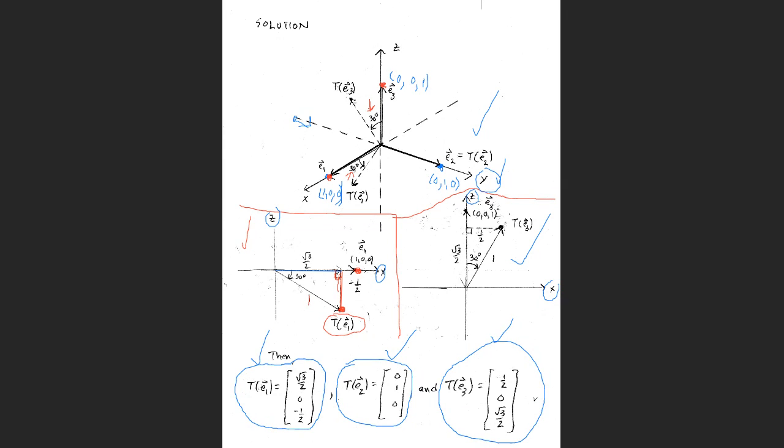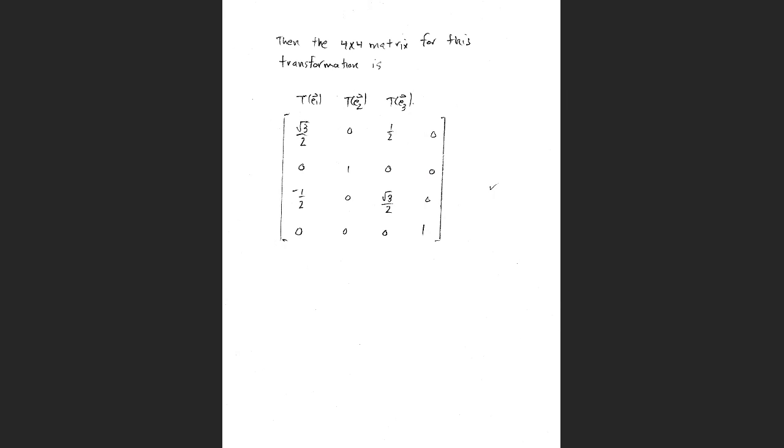So this is going to be the 4x4 matrix for the transformation. See here, we block out a 3x3 matrix, upper left-hand corner.